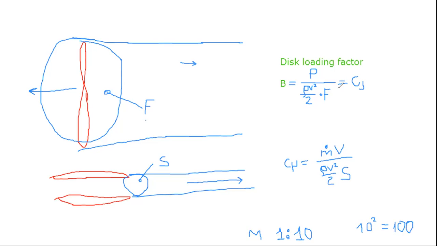So F changes by 100 from the real aircraft to, for example, if you have propeller disc diameter 1 meter, so F equals 1.